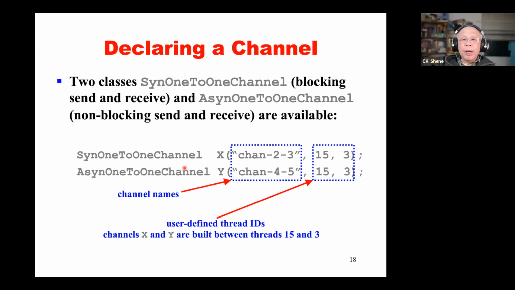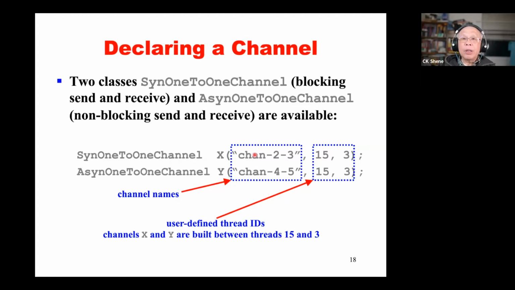Its given name is chain-2-3. This channel is built between two threads whose user-defined thread IDs are 15 and 3, respectively. If you don't have the channel name there, you could just provide these two. These two are mandatory. You have to have the threads at either end of the channel.